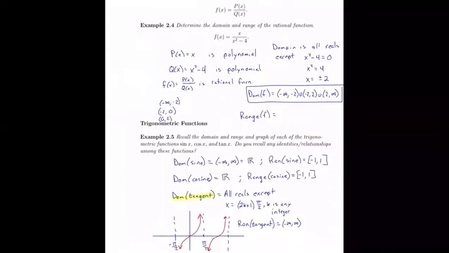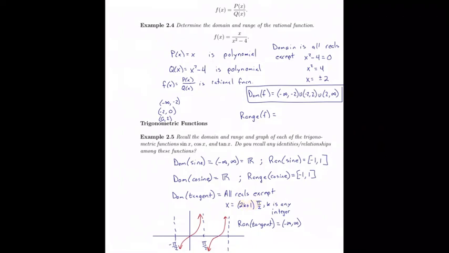The domain of tangent is all reals, except where it has a denominator of 0, right? Remember, tangent is equal to sine divided by cosine. So anywhere cosine is 0, which happens to be any odd multiple of pi over 2, so pi over 2, 3 pi over 2, 5 pi over 2, 7 pi over 2, negative pi over 2, negative 3 pi over 2, and so on and so forth.